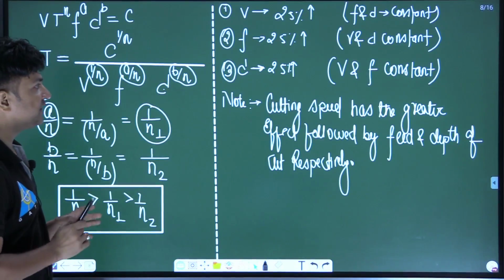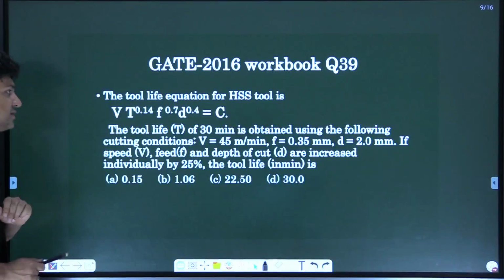Noted? So it is a very important note. I hope you understand this note.